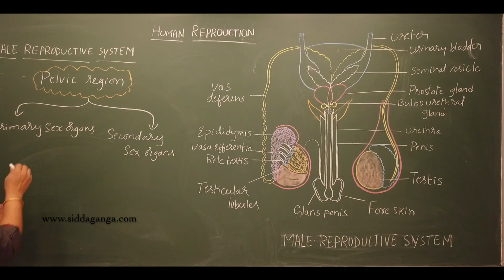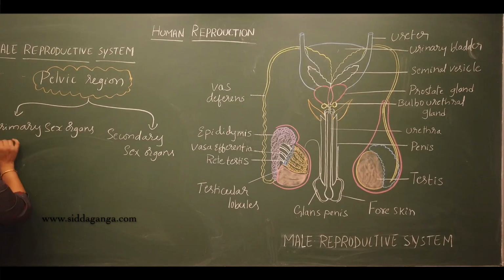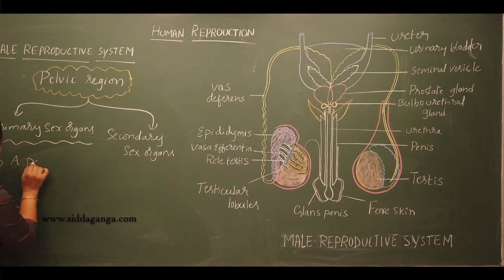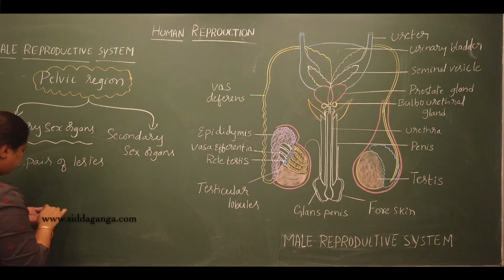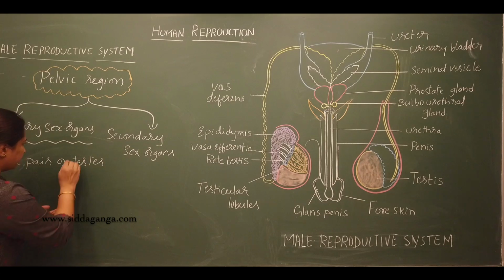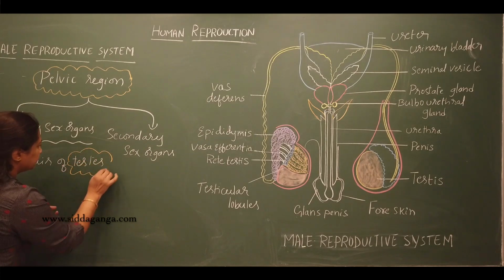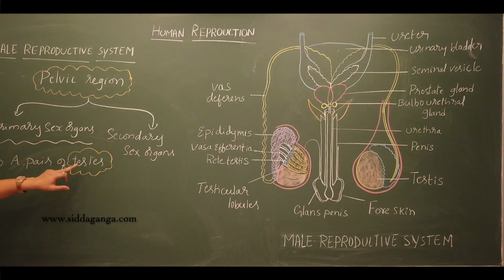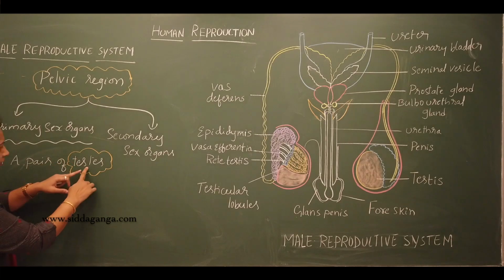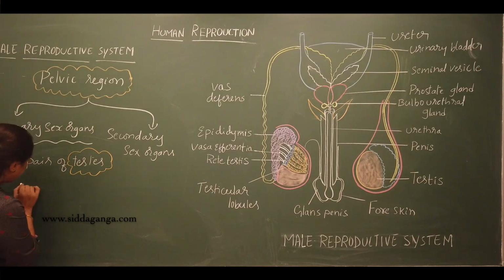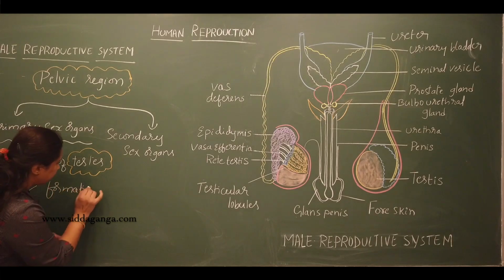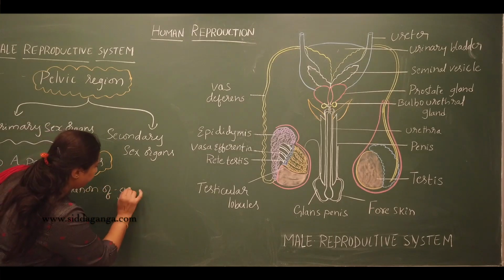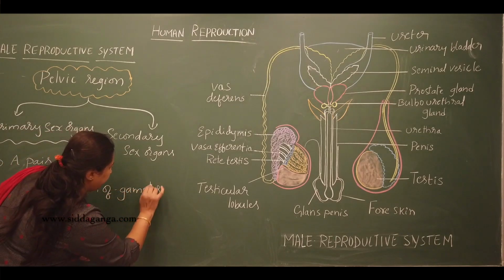So the primary sex organs in human males include a pair of testes. Why are these called the primary sex organs? This is because the testes are directly involved in the formation of gametes.